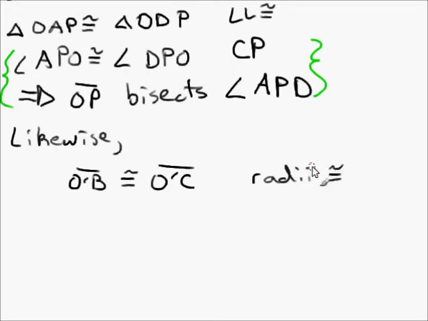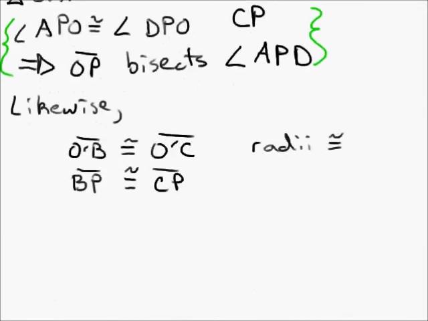Line BP is congruent to line CP, and that's by the same corollary. That was 7.15.